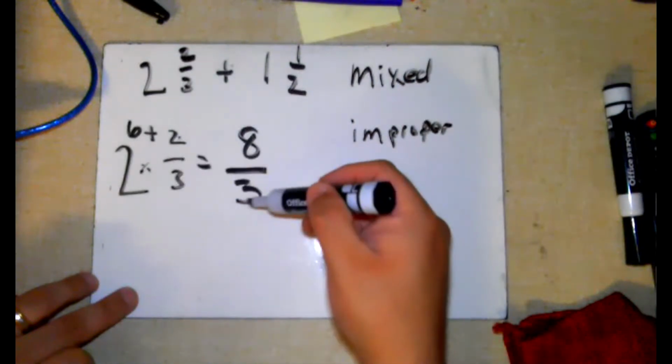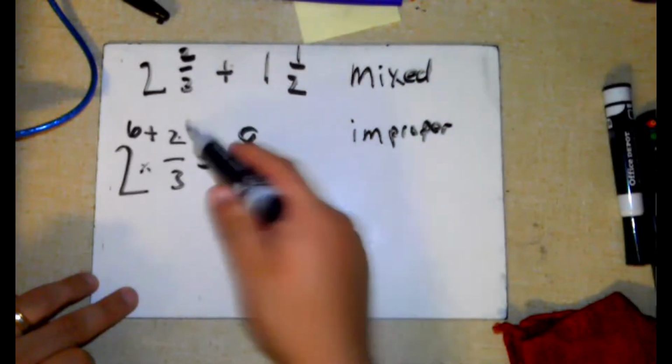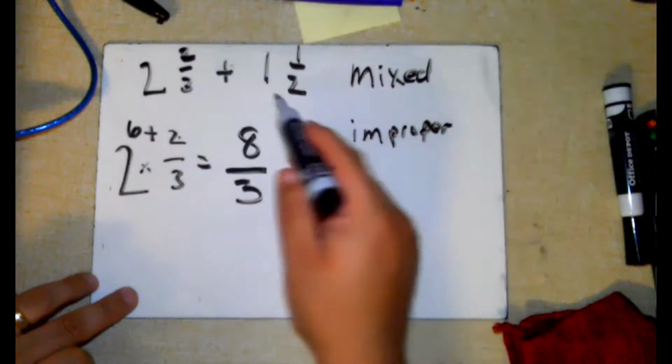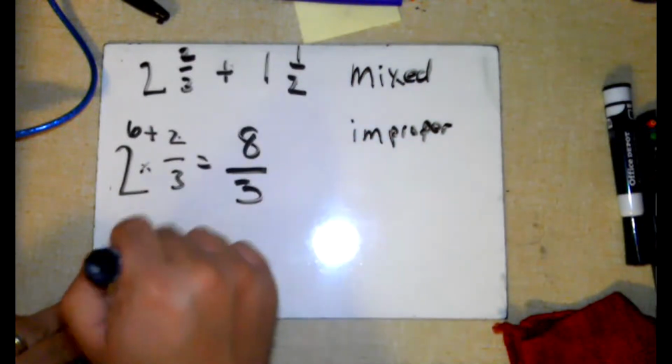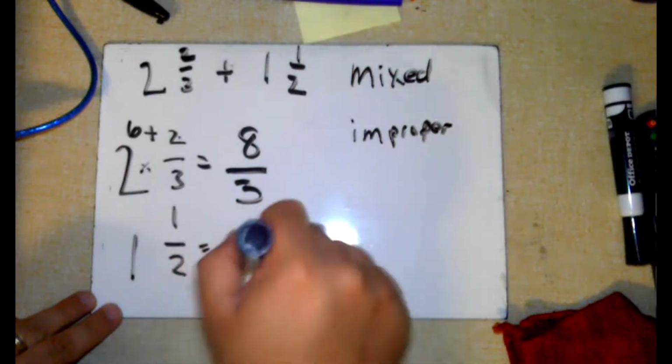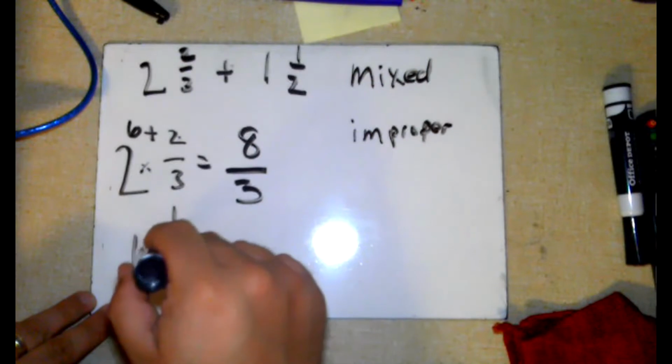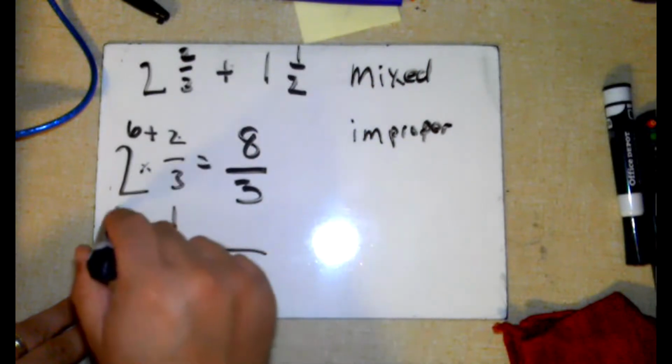Why? Because how many 3's go into 8? 2. And what's the remainder? 2. So now we're going to do the same for 1 and 1/2. So we're going to keep our denominator. So 2 times 1 is 2.